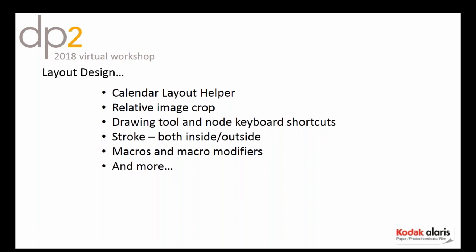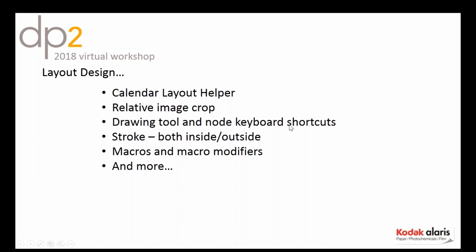The layout helper, there's a relatively new relative image crop that came about in 20.3. Drawing tool shortcuts, keyboard shortcuts, those are not new, but I'll just point those out along the way. That's something that someone just recently said to me: I never knew those were there.